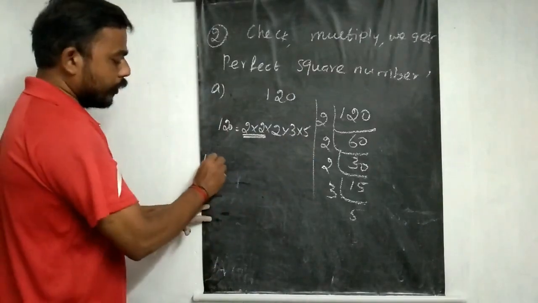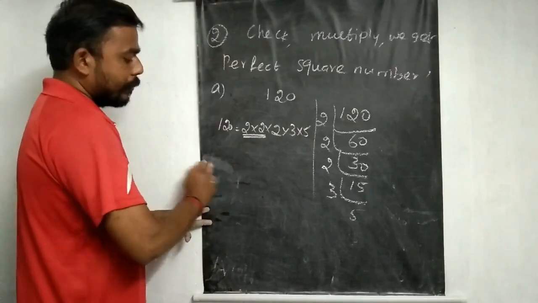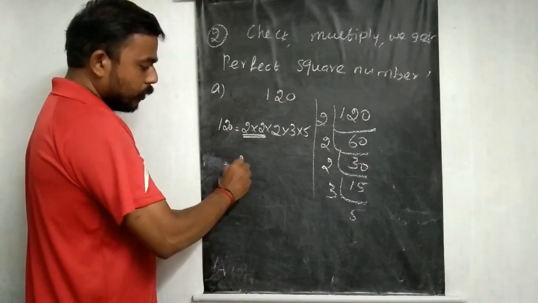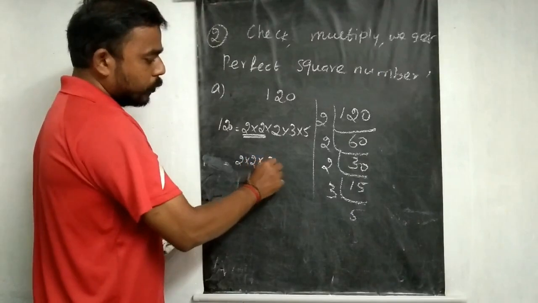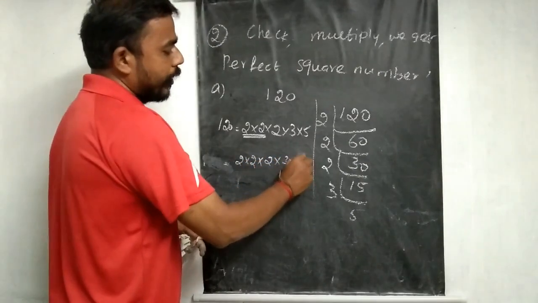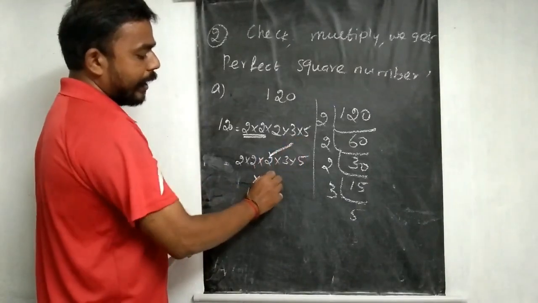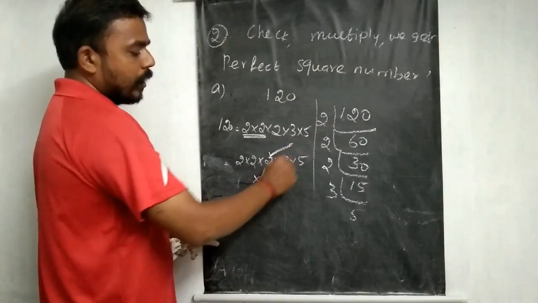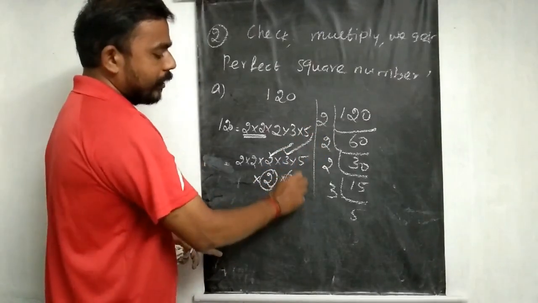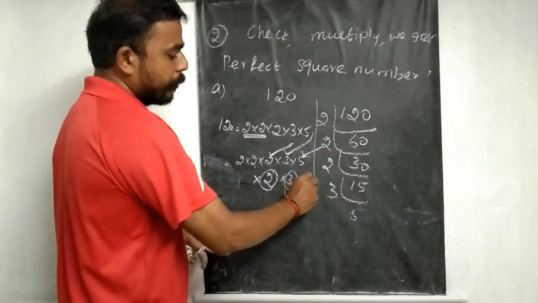So 120 is 2 into 2 into 2 into 3 into 5, and into that we multiply one 2, another 3, and another 5.